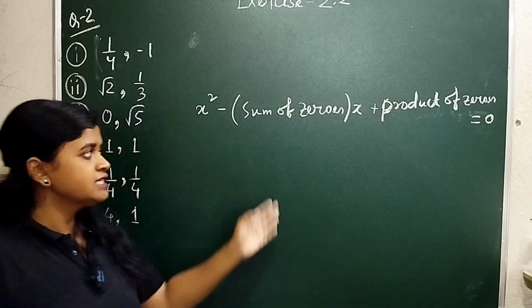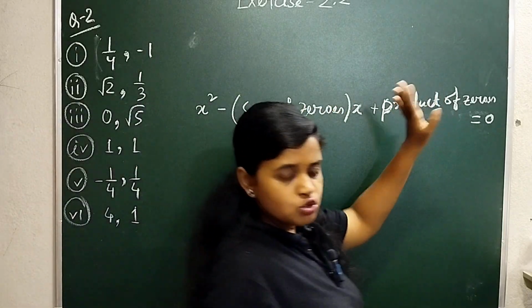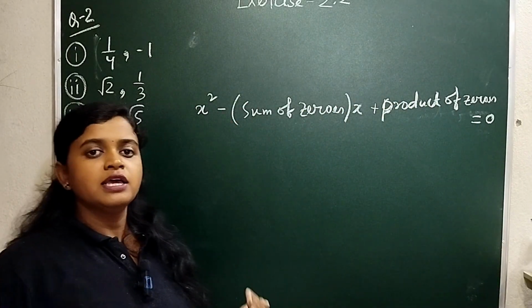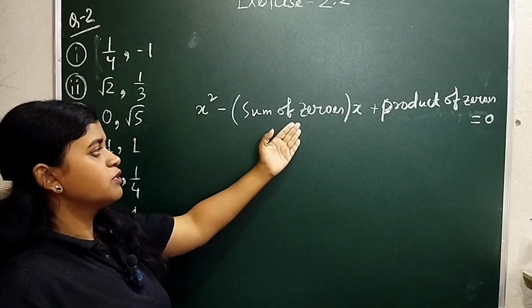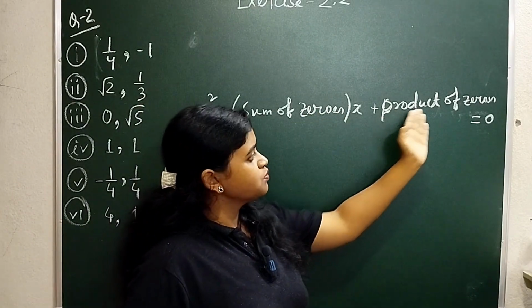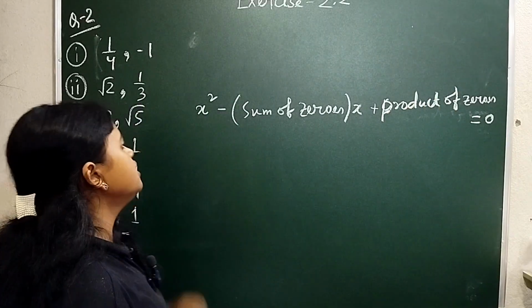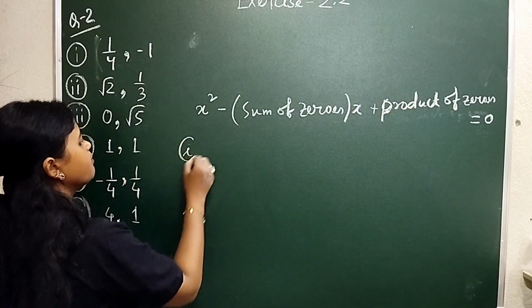If we are given the sum of the zeros and the product of the zeros, we can easily find the equation of the polynomial. So what is the rule? x square minus the sum of the zeros into x and plus the product of the zeros equal to 0. Following this rule, we can solve question number 1.